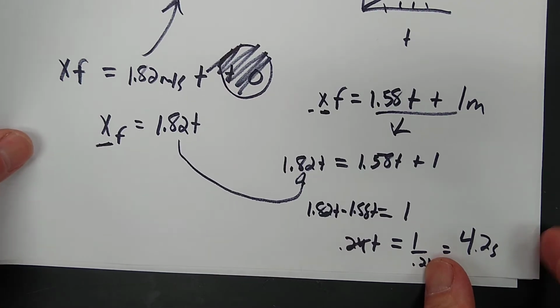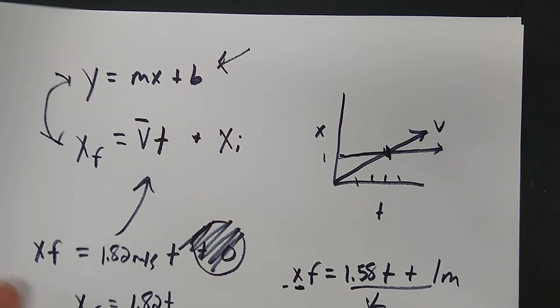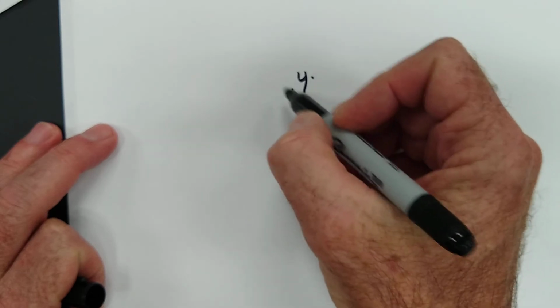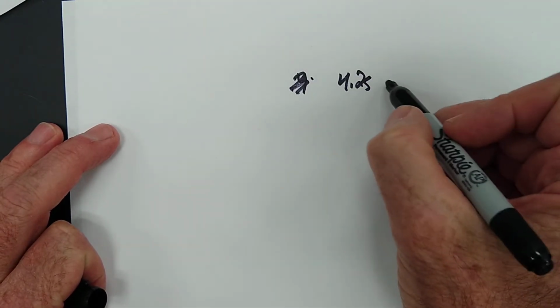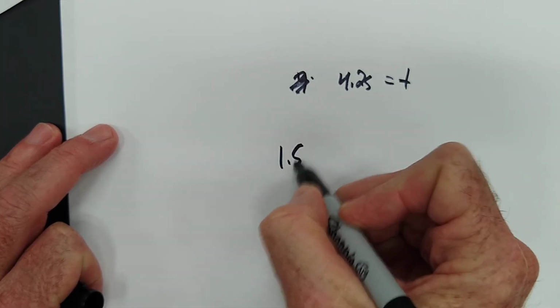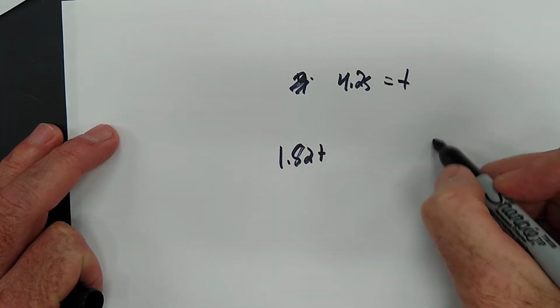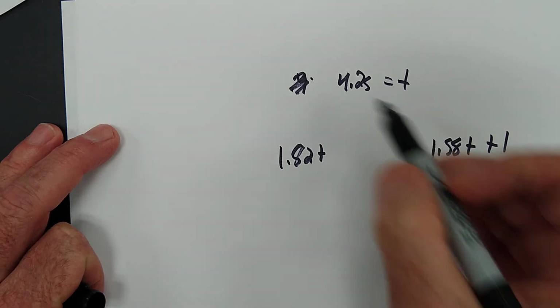Okay, so how could we figure out how far down the track this collision occurred? We can just take this 4.2 seconds and insert that for t in either equation. So we have either 1.82t, that's the distance the blue car went, or 1.58t plus 1.